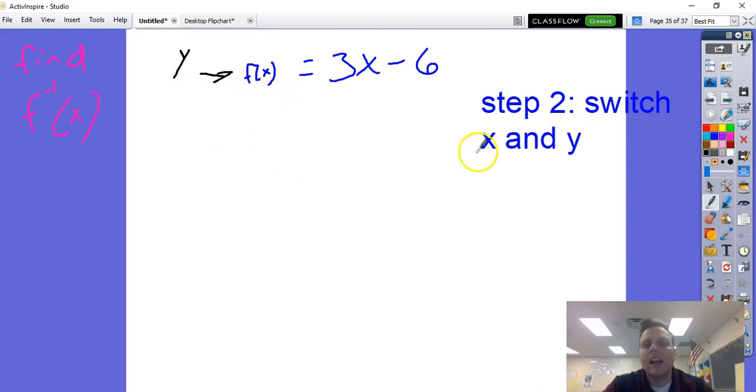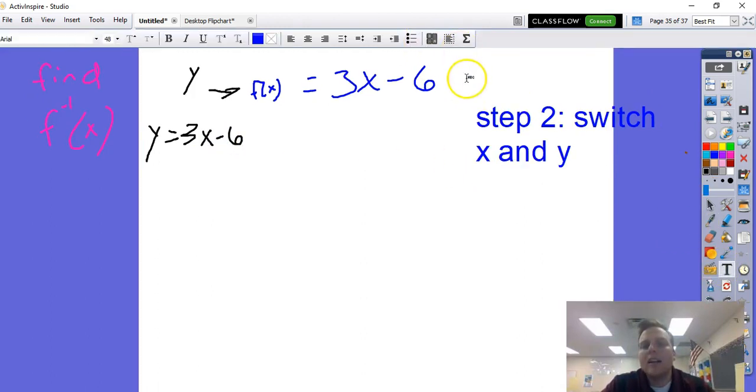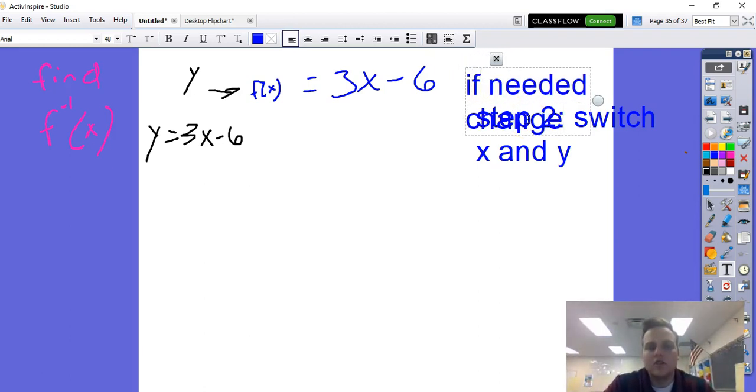So I can rewrite f of x as y. Instead of saying f of x equals, I'm going to say y equals 3x minus 6. Okay? So that means step 1, if it's needed, change f of x to y.